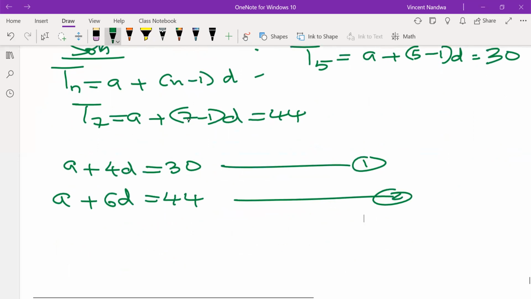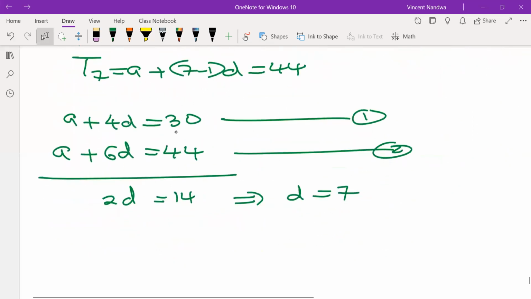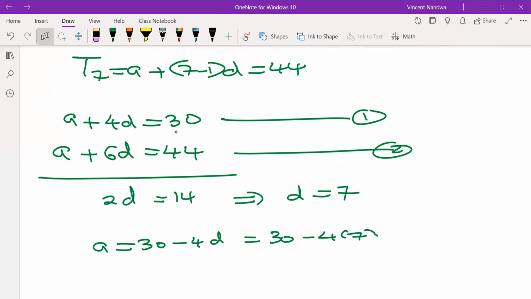So solving 1 and 2, if I subtract them, 6d minus 4d is 2d. 44 minus 30 is 14. So this means d equals 7. Now, from the first equation, a is the same as 30 minus 4d, which will be 30 minus 4 times 7.